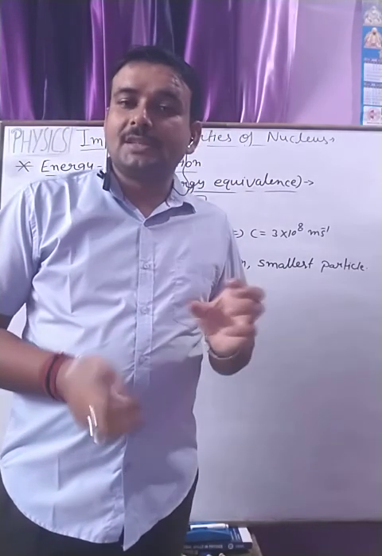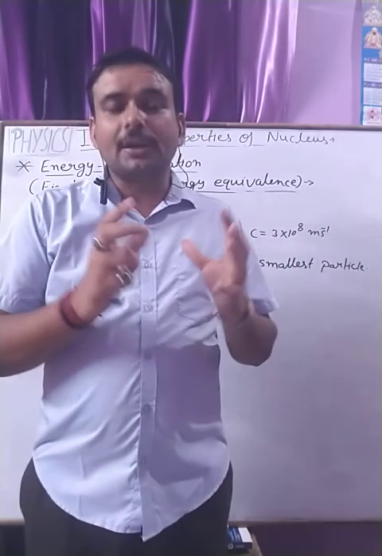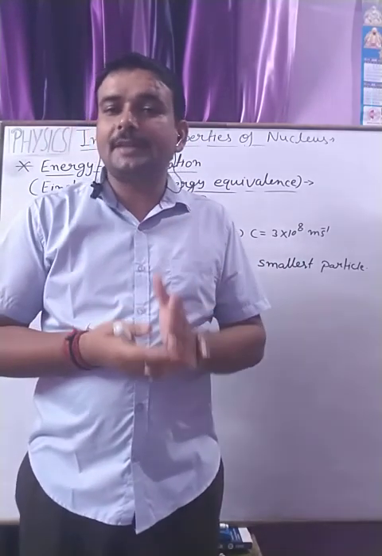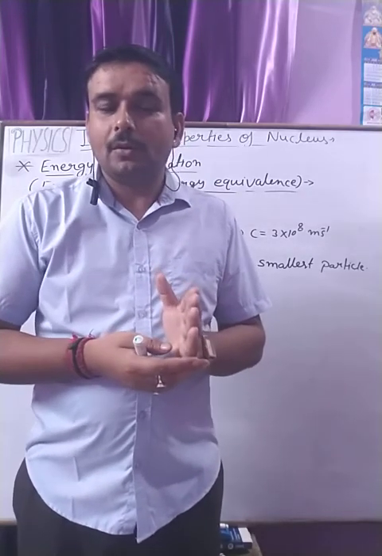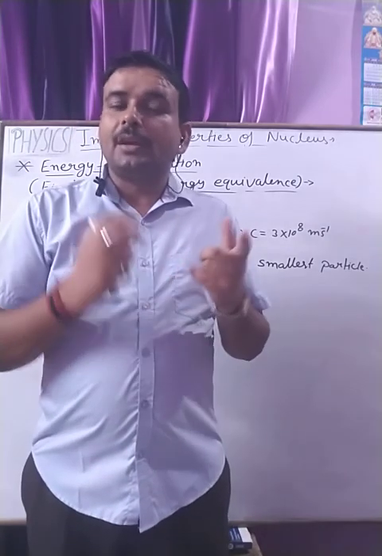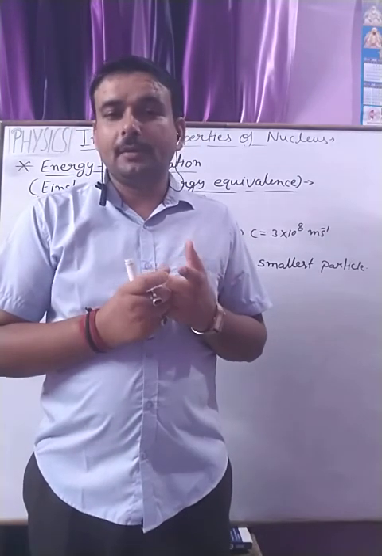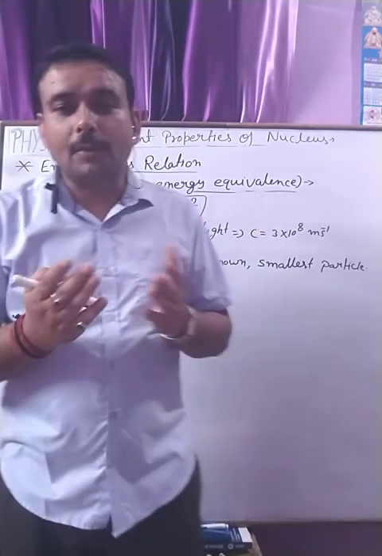The process in which the mass particle is converted into energy is known as annihilation or pair annihilation, in which the electron and positron combine with each other and form a huge amount of gamma energy.